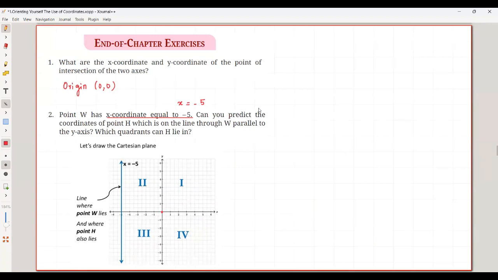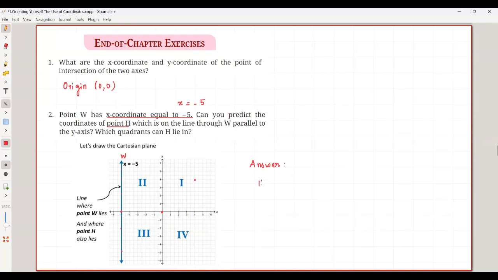Now, can you predict the coordinate of the point H which is on the line? We have to take one more point H that should also be on the line W, parallel to the y-axis. Which quadrant can H lie in? This is the W line, and we take one point H on W. What are the possible quadrants where the point H lies?